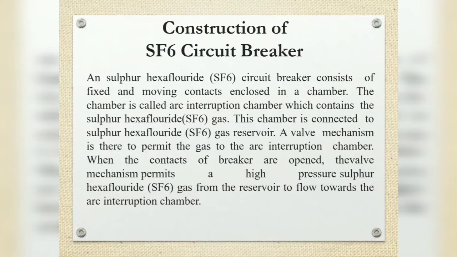A valve mechanism is there to permit the gas to the arc interruption chamber. When the contacts of the breaker are open, the valve mechanism permits high pressure sulfur hexafluoride gas from the reservoir to flow toward the arc interruption chamber.